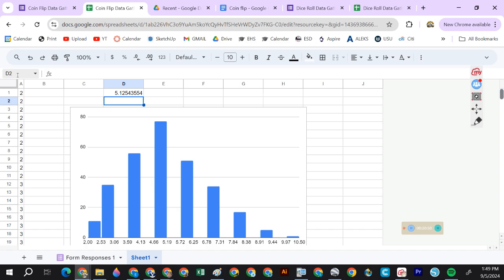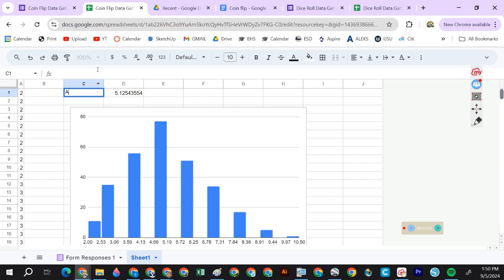Now, I want you guys to calculate the standard deviation. Gavin says no. How awful would that be? Very awful, right? We would have to find out how far is each number from 5.12, square them, add them all together, divide by 285, and then take the square root. So I'm not going to make you do that.